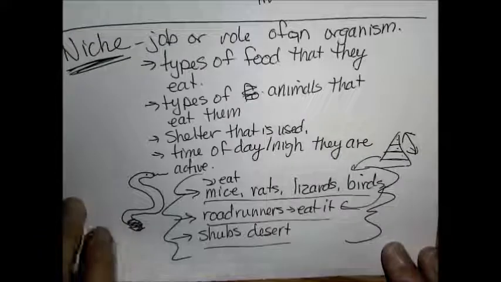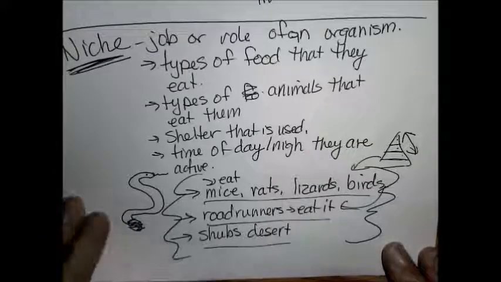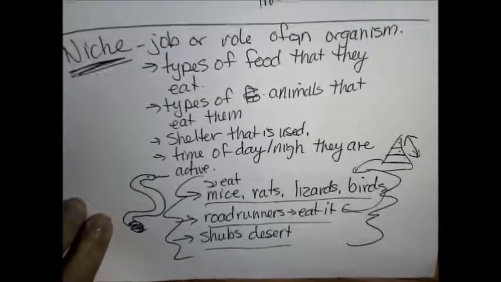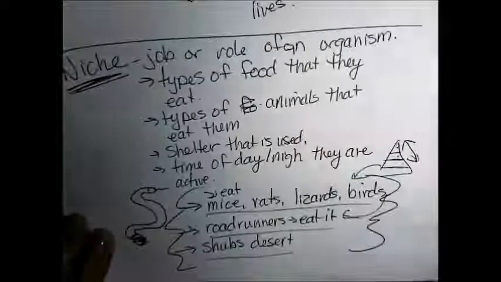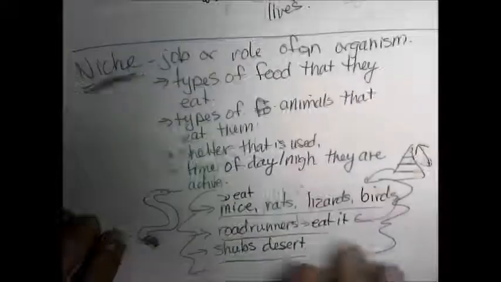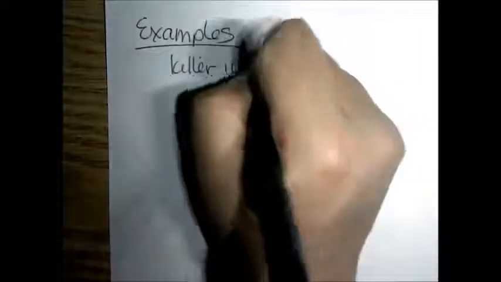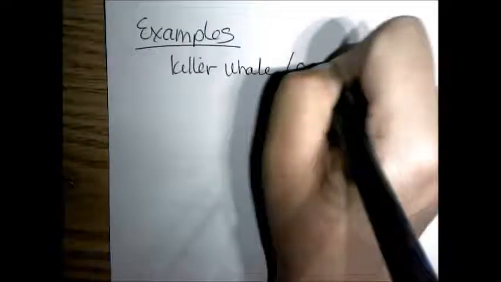All right, so let's go over a couple of examples here. Let me turn the light on a little bit brighter. I'm going to storm outside because the sun just totally went down. Let's go over some examples so you can catch on a little bit more. Example number 1 is going to be a killer whale, or an orca, same thing.